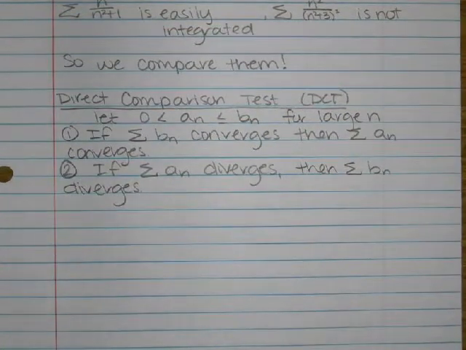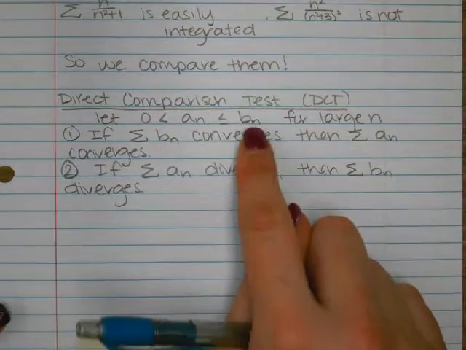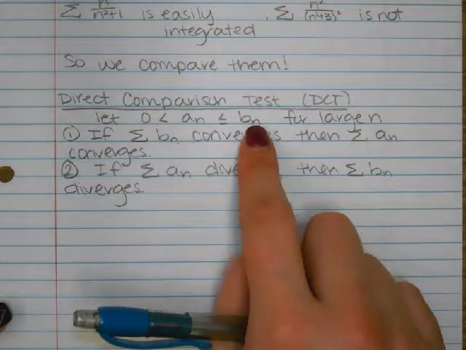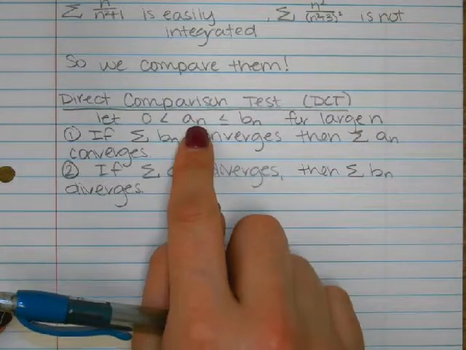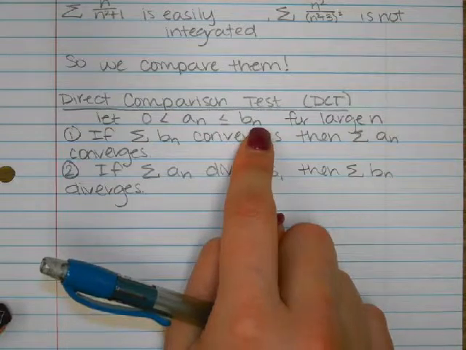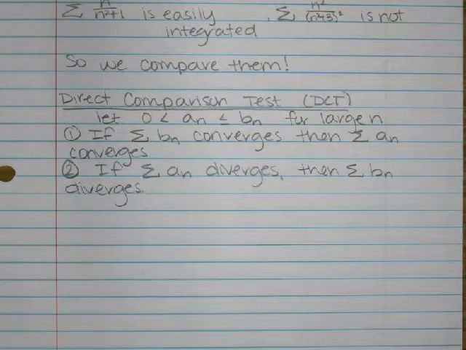So you'll notice those are two very specific circumstances, and they don't do a vice versa sort of thing. So either you can say this one converges, therefore that one converges, or you can say this one diverges, therefore that one diverges. And if it's not one of those two specific circumstances, then this test will not help you.